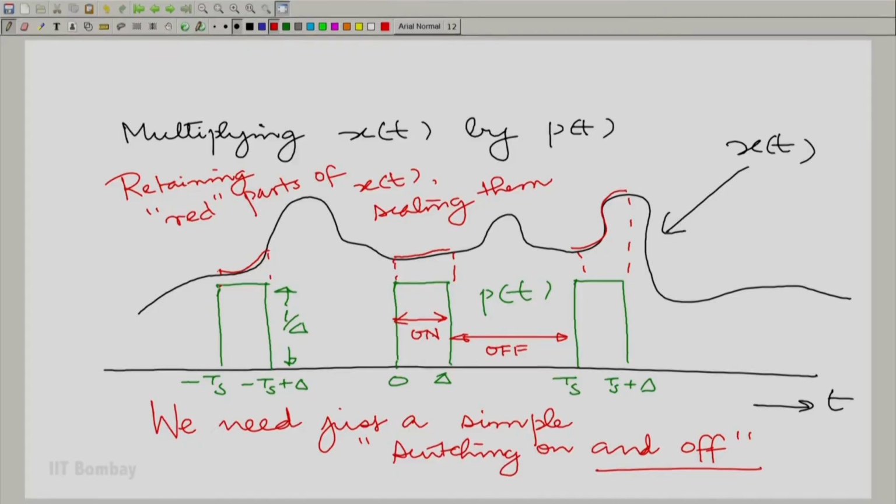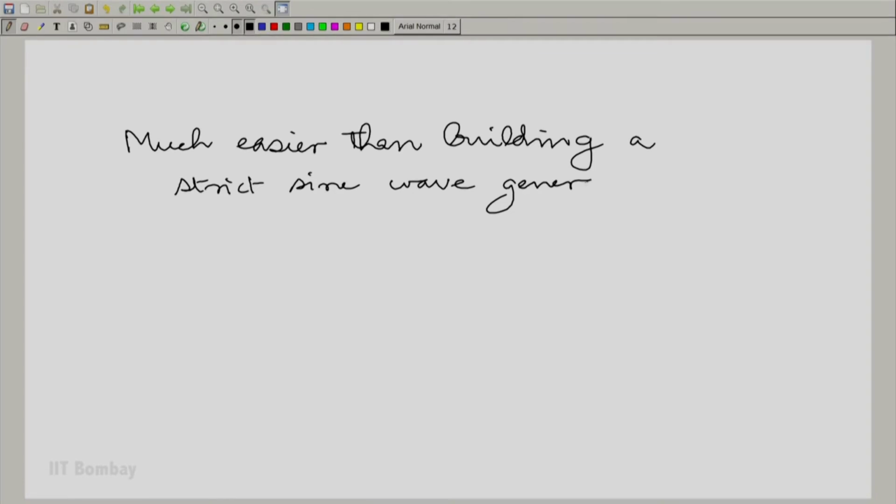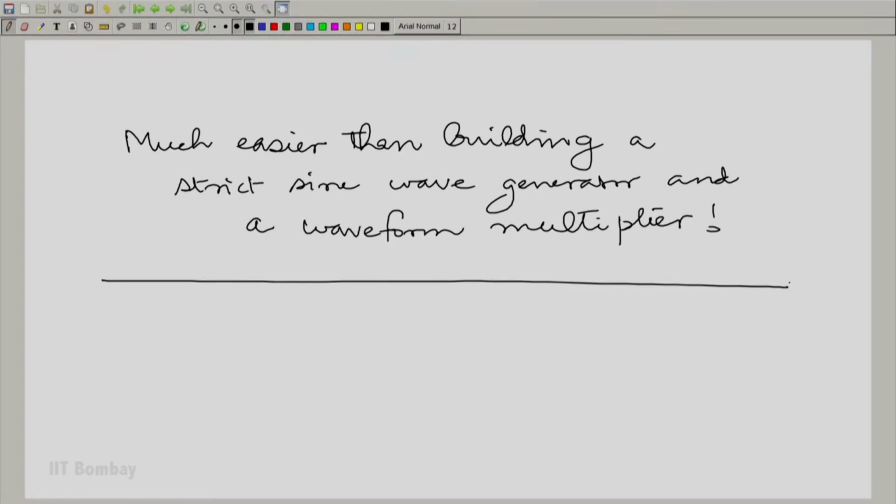It is not difficult to do. You could think of switches which do this for you, switched on and off, that is all that you are really doing. This is much easier than trying to multiply by a sinusoid.